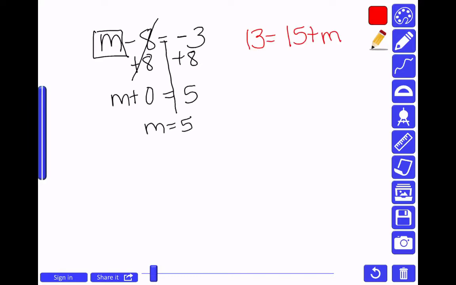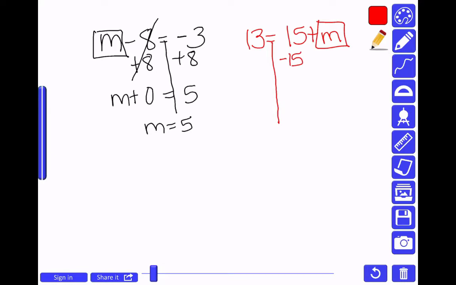Here we have 13 equals 15 plus m. So my equal sign, I want to identify that, and I want to identify the variable I'm trying to solve for. So I'm trying to solve for m. Now the m is being added to the 15. So in order to undo the 15, I need to subtract 15. Why?